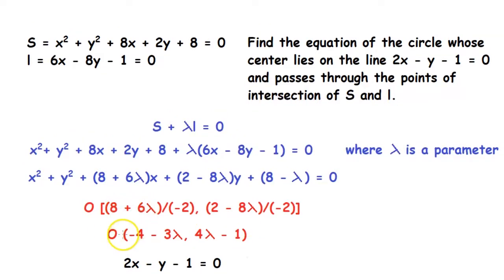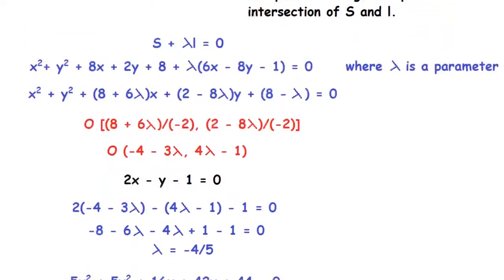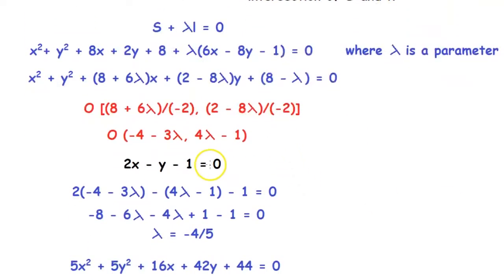Now we want to find the circle whose center lies on the straight line 2x minus y minus 1 equals 0. So we substitute these coordinates of the center into this equation. That would be 2 into minus 4 minus 3 lambda minus 4 lambda minus 1 equals 0.